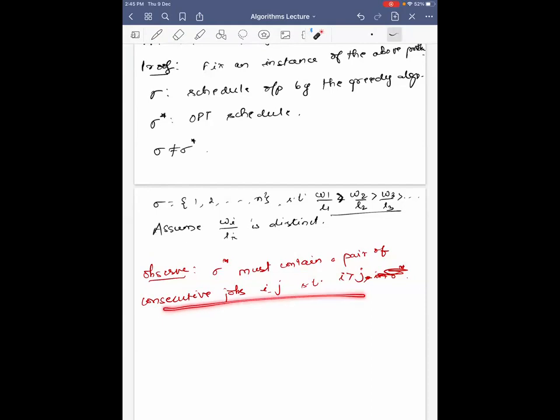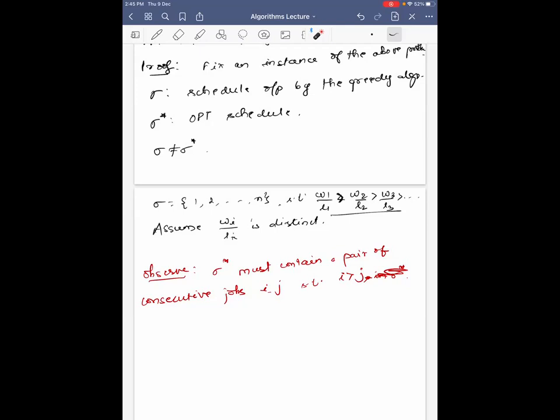Does everyone agree with this? Yes. Because if not, the only schedule in which the jobs are ordered 1, 2, 3 all the way up to n must be our greedy schedule, isn't it?